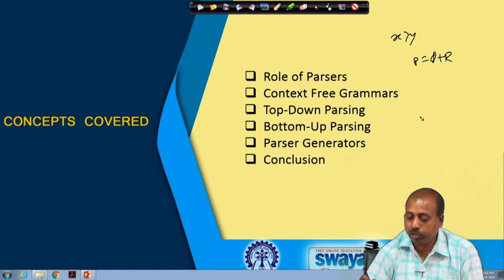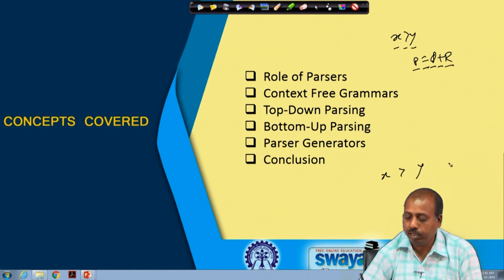One possibility is that you start with these basic symbols: x, greater than, y, then p, the equality symbol, q, the plus symbol, r.